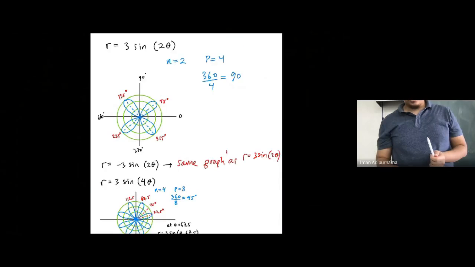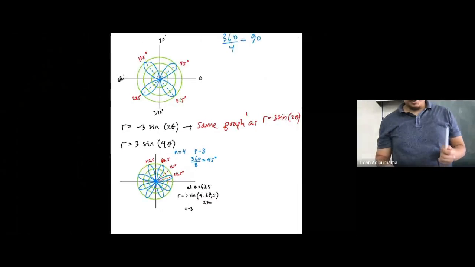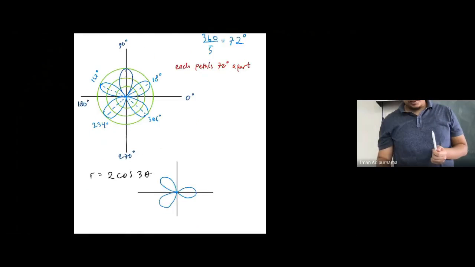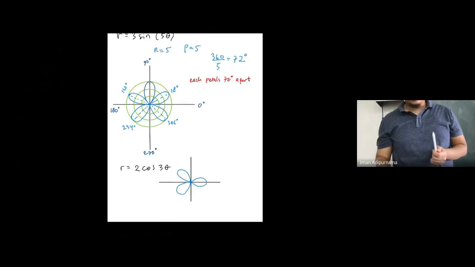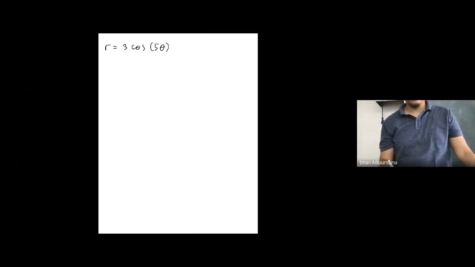Okay, so this is the even one. Let me go back to this sine 5 theta, and let me make another, the odd one. Let's say 3 cosine 5 theta.